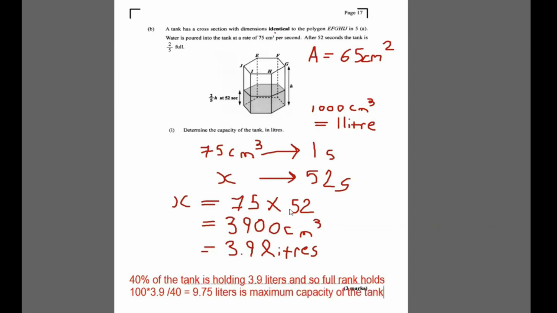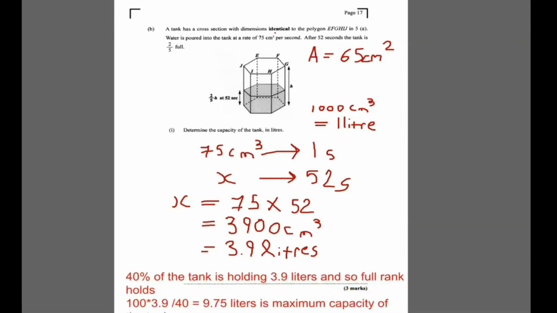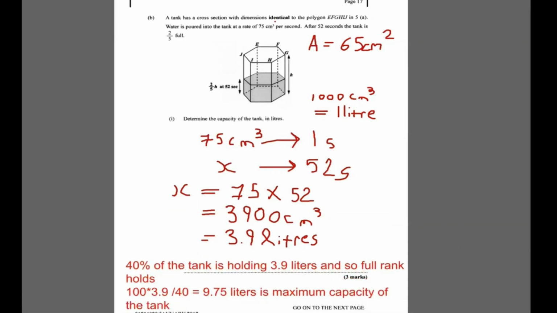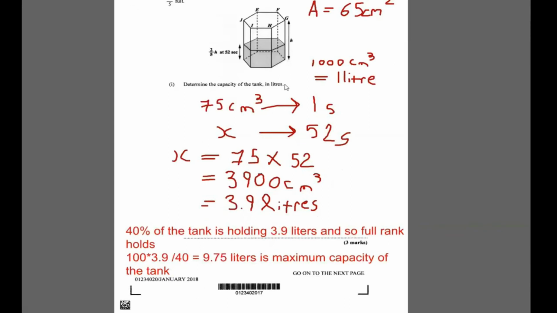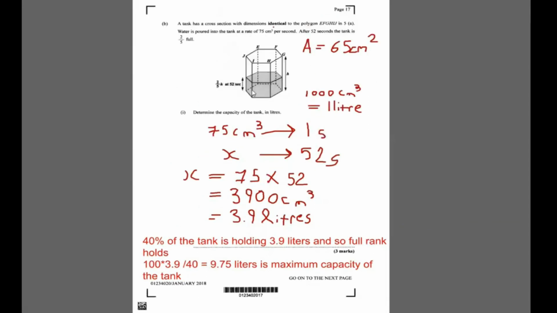Just some additional stuff: this small portion holds 3.9 liters, but 9.75 liters is the maximum capacity of the whole tank, that is, when it is full up to the top.